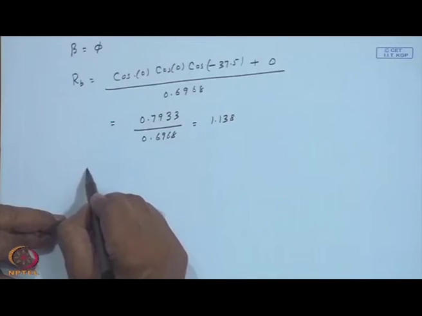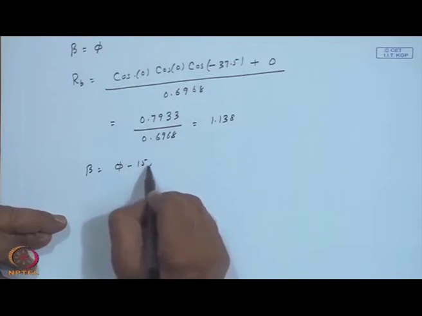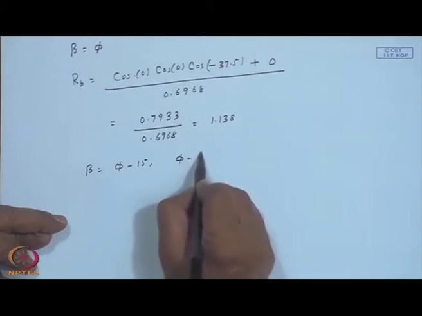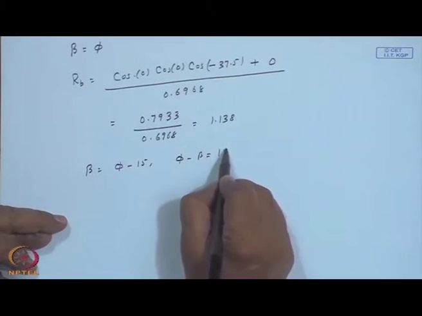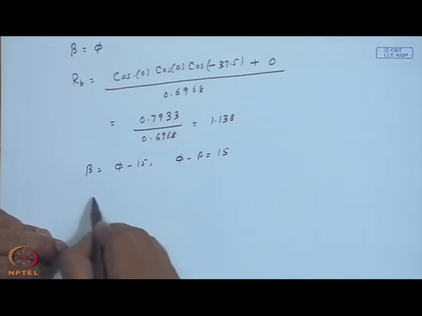Then you have got third case, beta is equal to phi minus 15 or phi minus beta is equal to plus 15. So, again delta is 0.